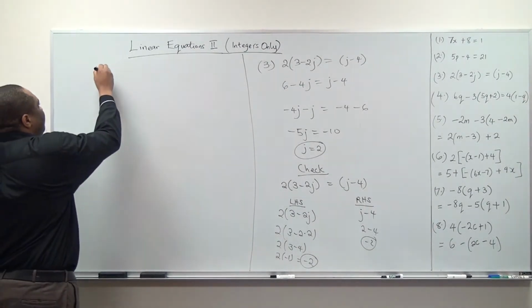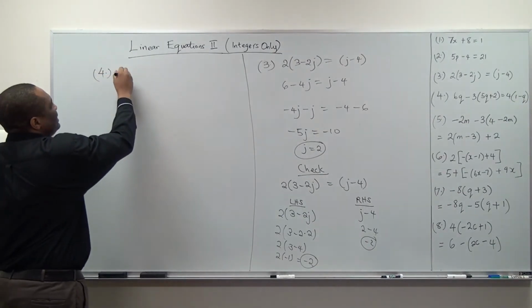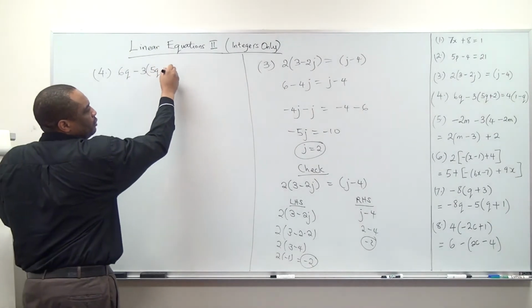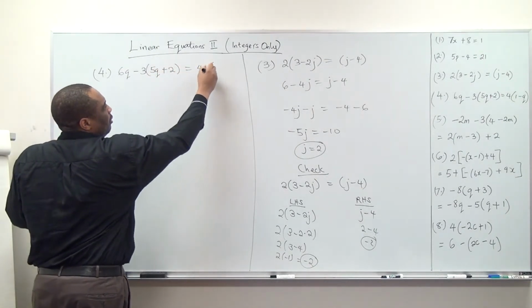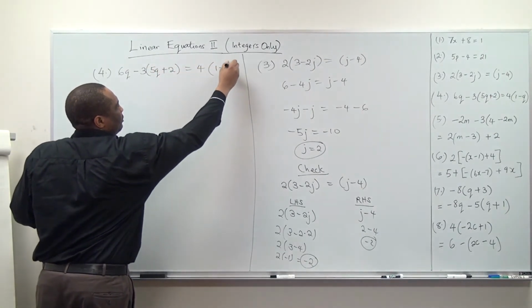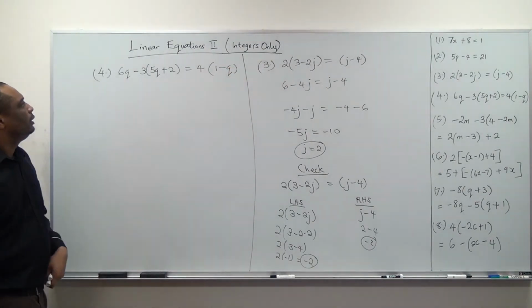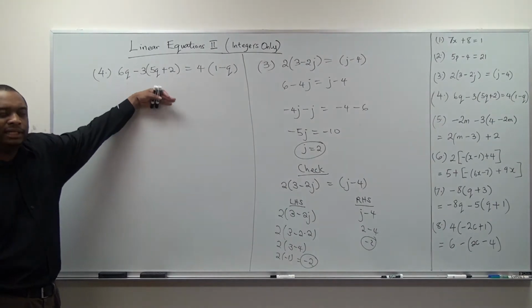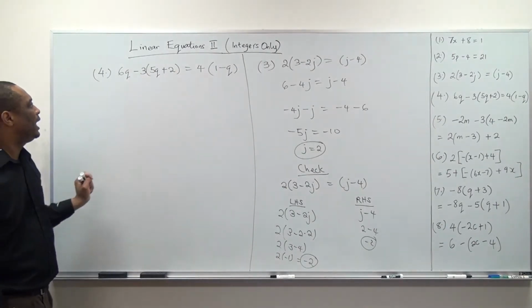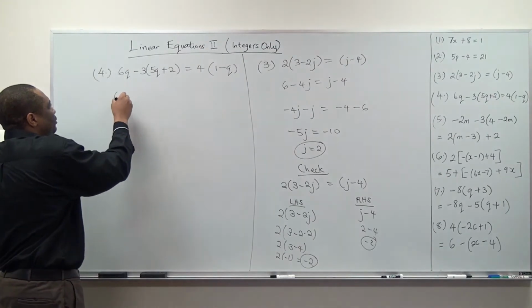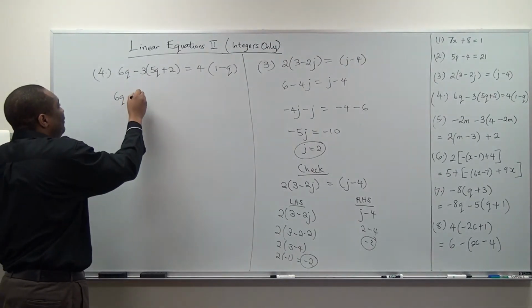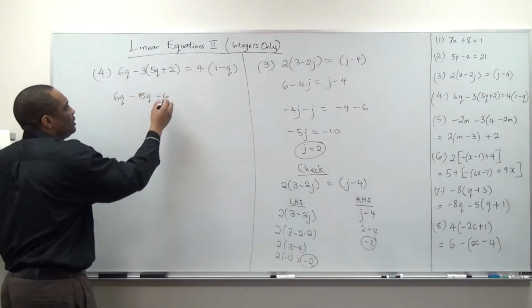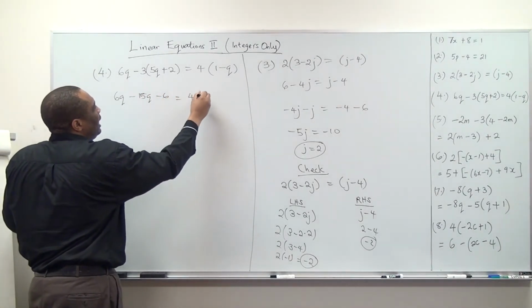The next one is number 4. 6q minus 3 into 5q plus 2 equal to 4 into 1 minus q. So in this question, we have to apply the distributive property here, as usual. This will give us 6q, then this will give negative 15q, negative 6, equal to 4 minus 4q.